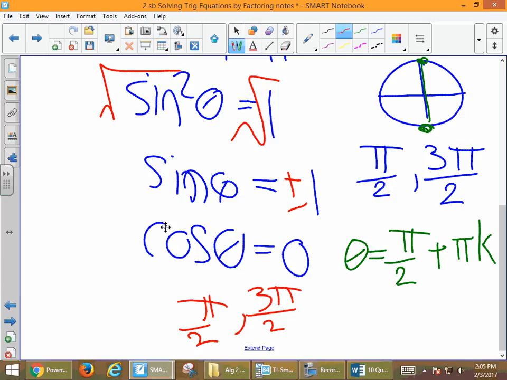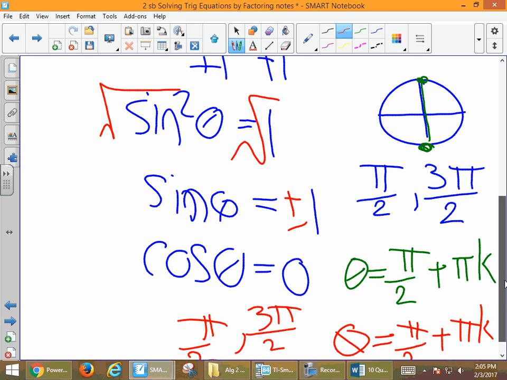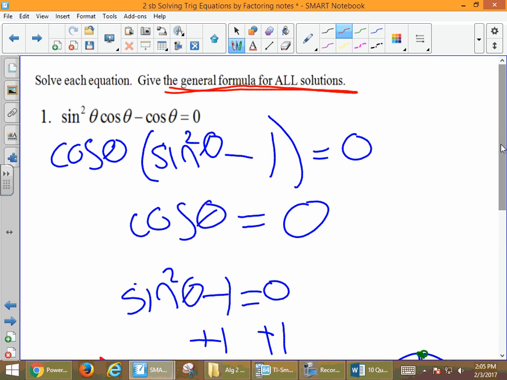So this answer would also be theta equals pi over 2 plus pi k. And that is all of the solutions for our trigonometric equation that we had before. Sorry, I got algebra 2 on my mind. So that's all the solutions for sine squared theta, cosine theta, minus cosine theta.